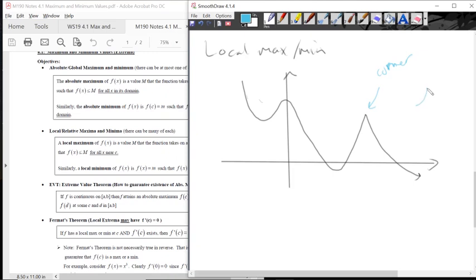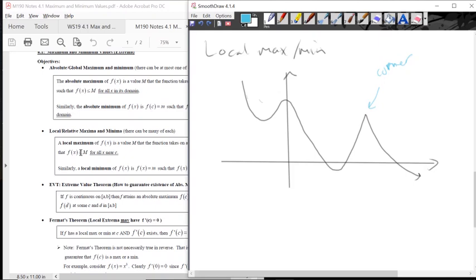A cusp is formed when we are approaching a vertical tangent, and a vertical tangent would mean that the slopes of the tangent lines are approaching either infinity or negative infinity. The graph of the derivative around a cusp is going to contain a vertical asymptote because the derivative would be approaching infinity or negative infinity. Around a corner, we have finite slopes, but those slopes are not equal to each other in the sense of the limit. So the derivative itself does not exist at that point right there.